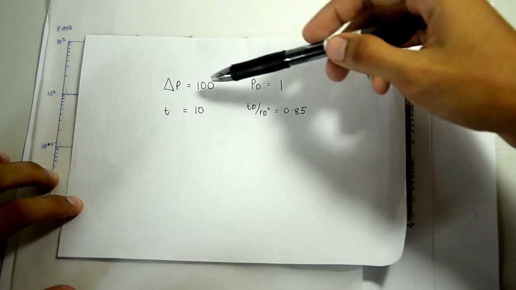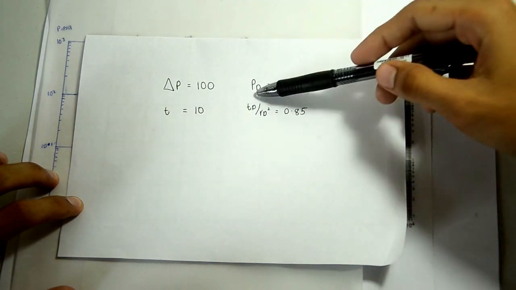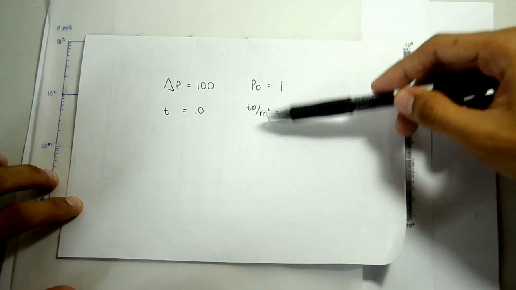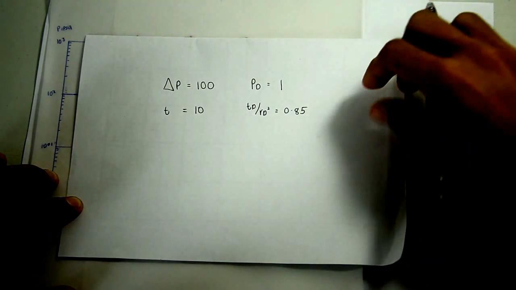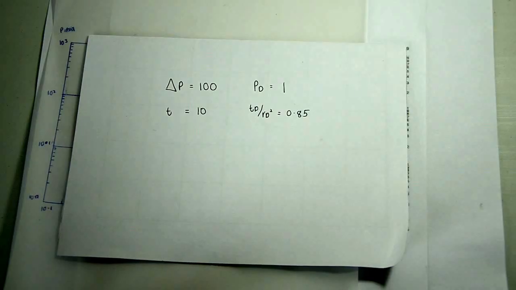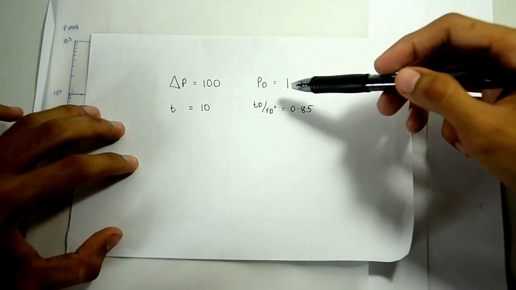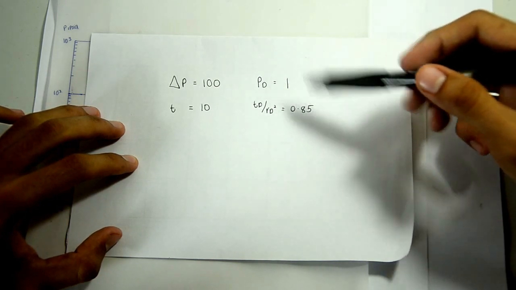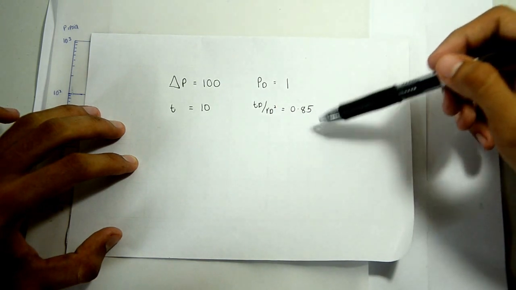Delta P equal to 100, T equal to 10, PD equal to 1, and TD over RD square equal to 0.85. Next, we will proceed to step 4. These 4 values might be different from others, but you don't have to worry about it. Take this point and proceed to step 4.